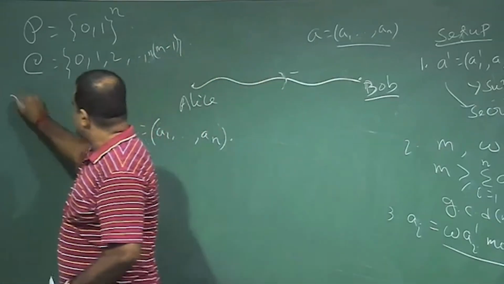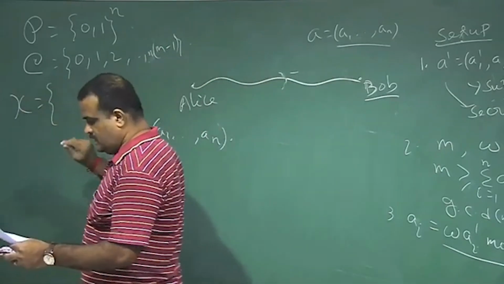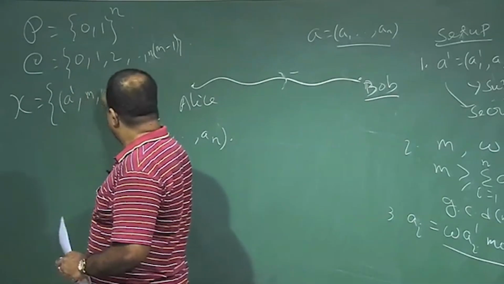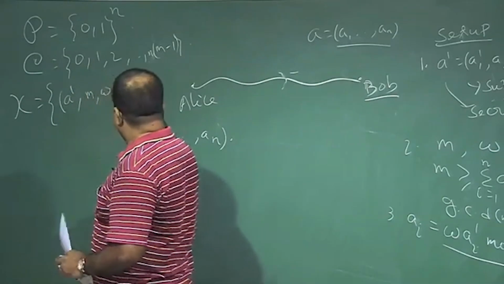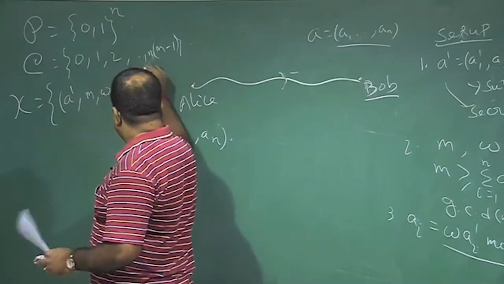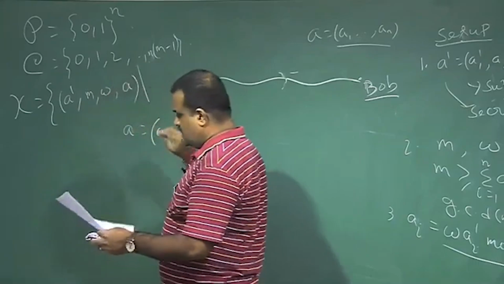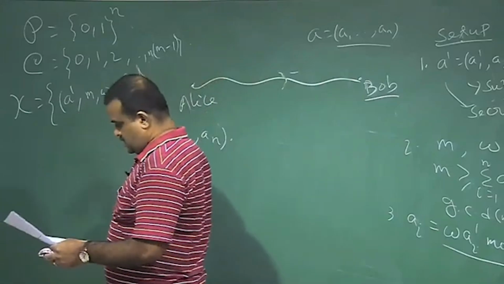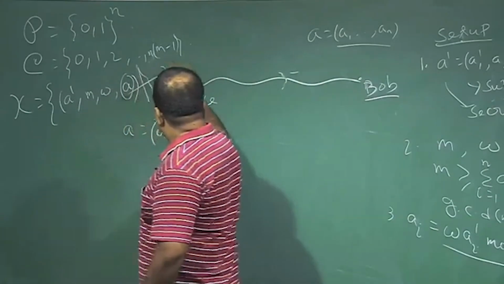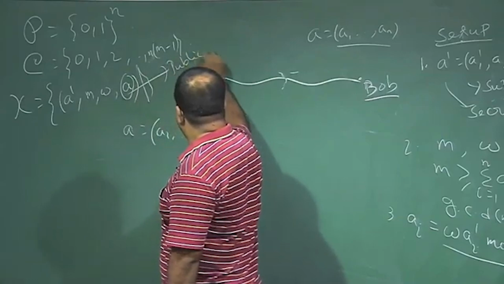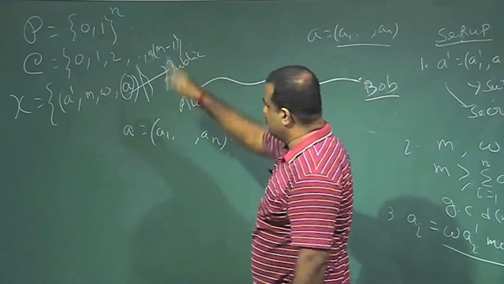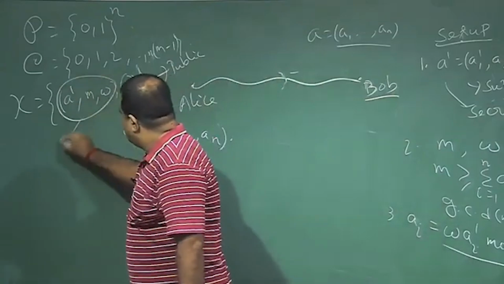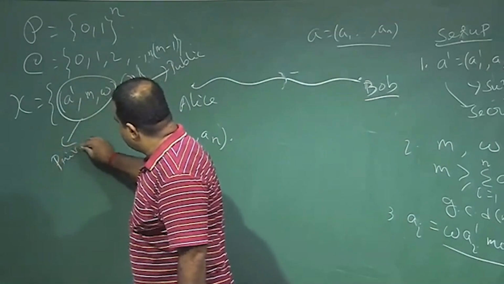And the key space is this A prime, which is the super increasing sequence, M, W and A. This is the key space, and among this, A is the public. This setup is done by Bob, and all the others are the private key of Bob. Bob is not revealing them.